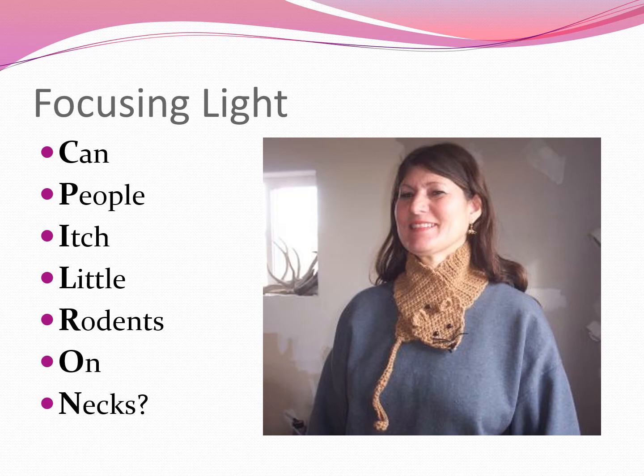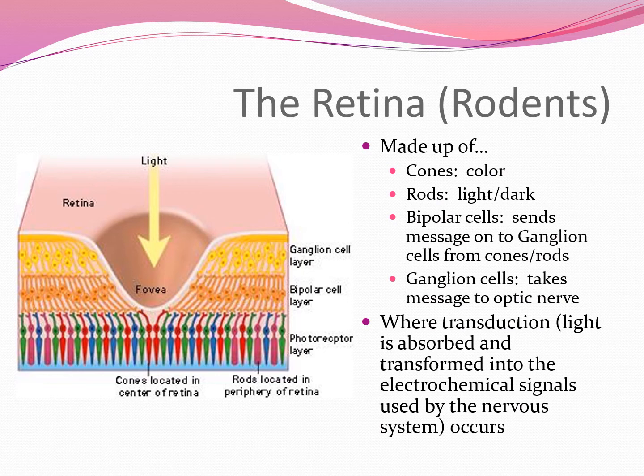Can people itch little rodents on necks? All right, so you got cornea, pupil, iris, lens, retina, optic nerve. So as we go through, like here, we're talking about the retina, you see rodents in parentheses because that's the part of the acronym to remember. But remember, if you can make up your own, you're going to remember it better.